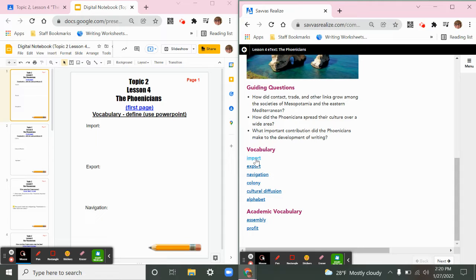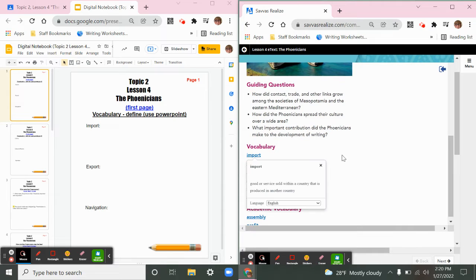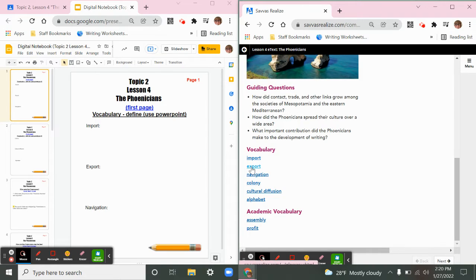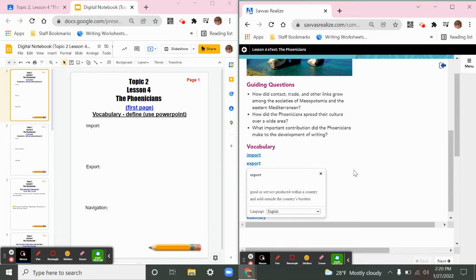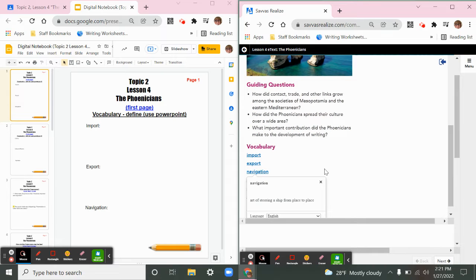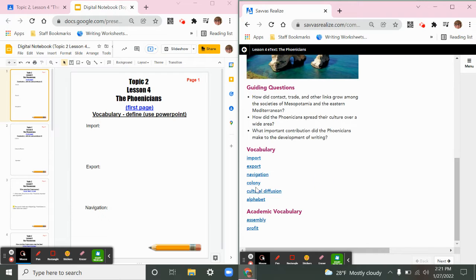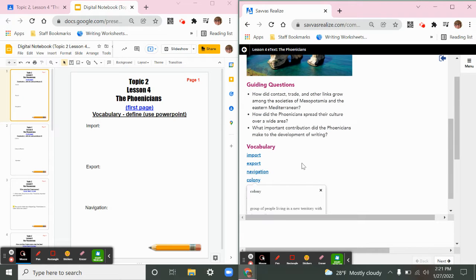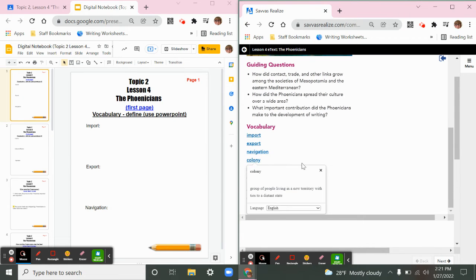So our vocab words for this week are import, which is a good or service sold within a country that is produced in another country. We have export, which is a good or service produced within a country and sold outside the country's borders. We have navigation, which is the art of steering a ship from place to place. Colony, which is a group of people living in a new territory with ties to a distant state.